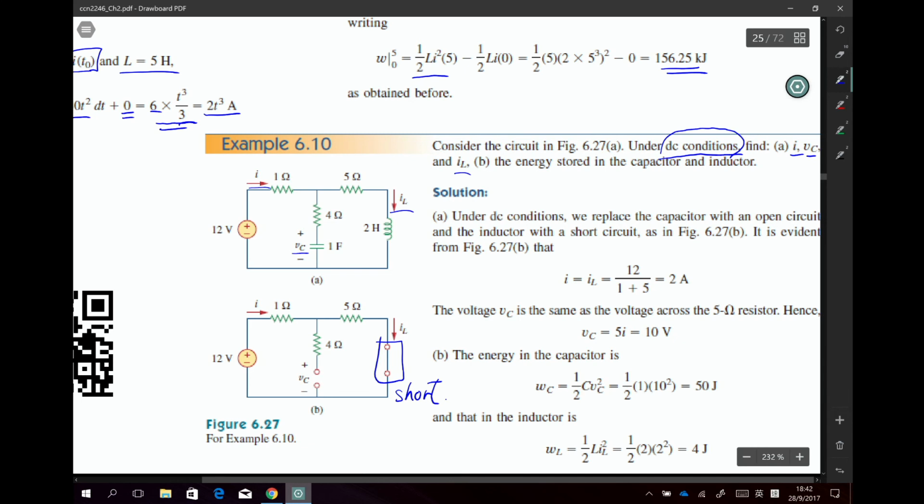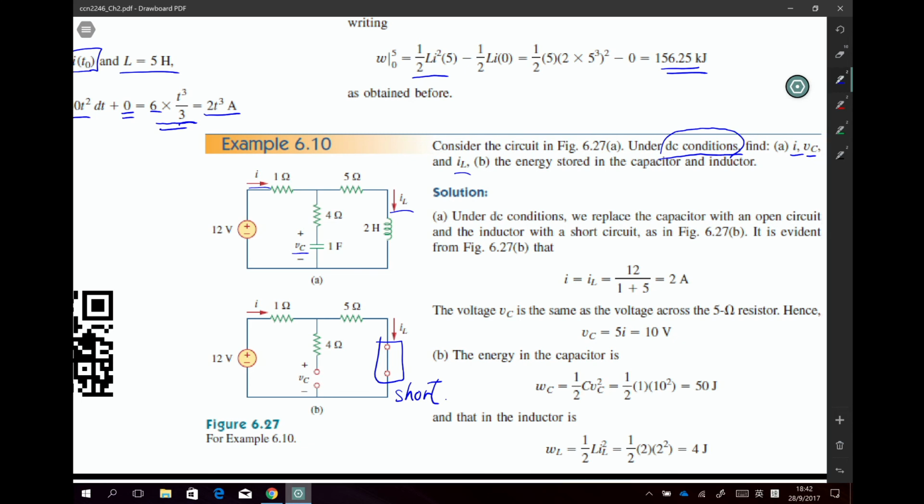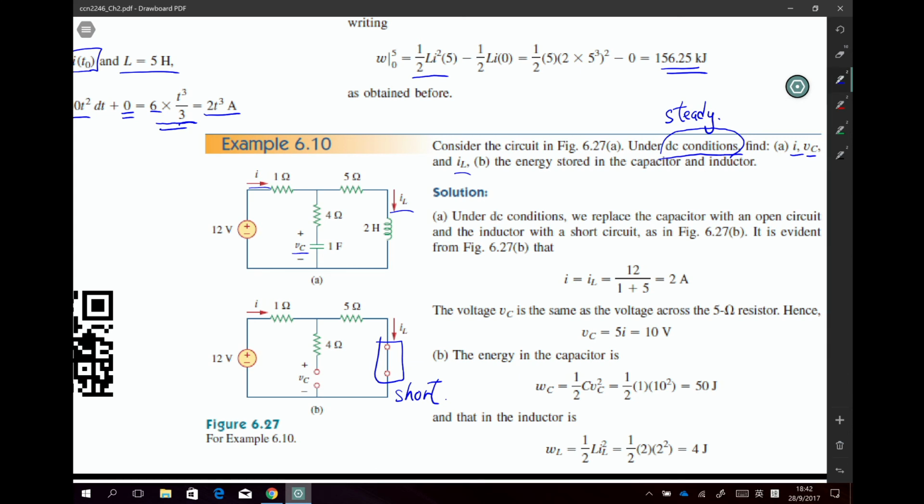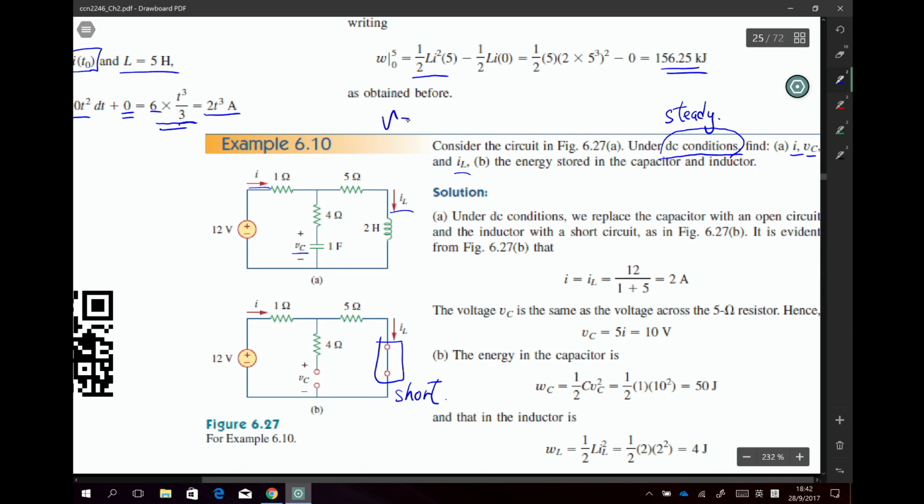Okay? Now therefore, as we told you before, the DC condition means that the components are at the steady state, so that the current is not changed, the voltage is not changed. Therefore, if the current is not changed, now remember the IV characteristic, V equal to L di dt.